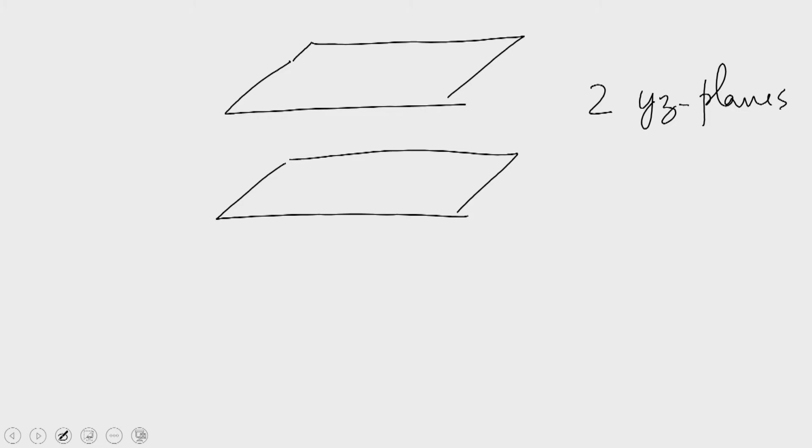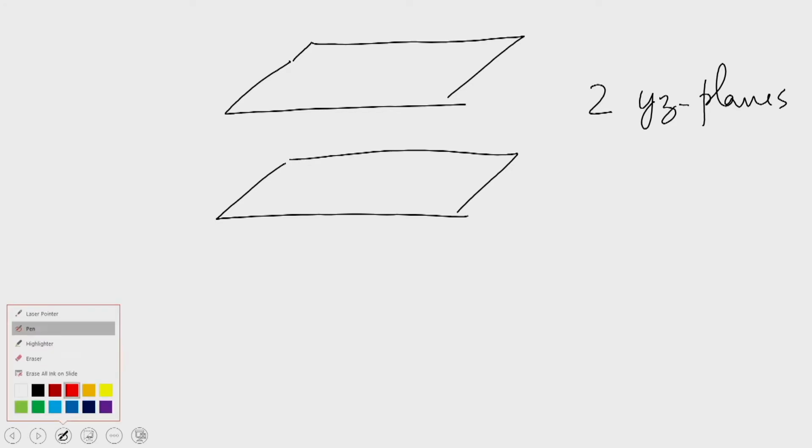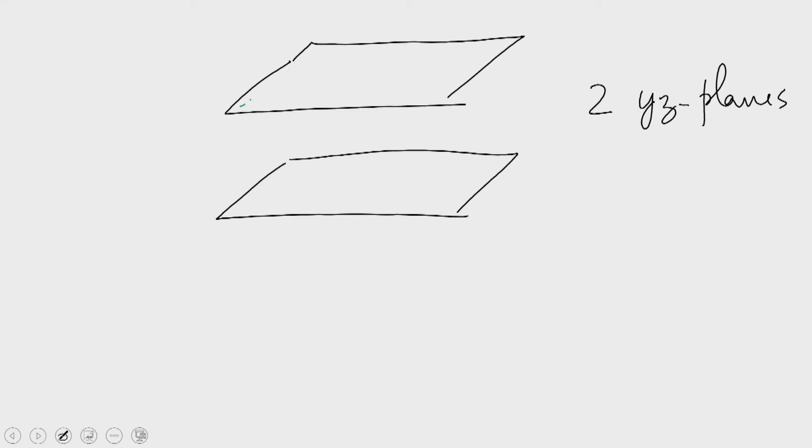Consider any two yz planes of the mesh. When you consider two yz planes, we discover that these yz planes are made up of corresponding z lines. Take these two z lines, they belong to the same zx plane. Similarly, you take two z lines here, they belong to the same zx plane. So, these two yz planes are made up of pairs of corresponding z lines, where each pair belongs to the same zx plane.